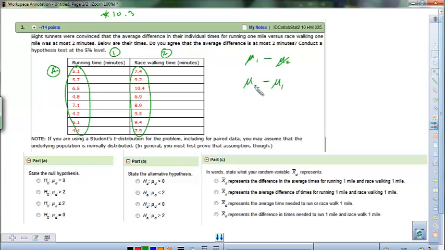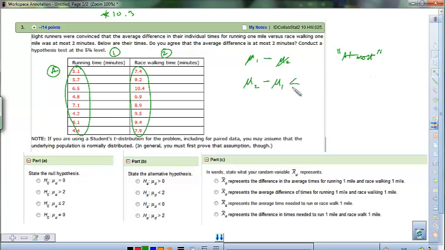And so this is saying, do you agree that the average difference is at most 2 minutes? At most, the phrase at most refers to going up to and also equal to. So when they say at most 2 minutes, it could be 1 minute or 1.5 minutes or 2 minutes exactly, but it can't be more than that.